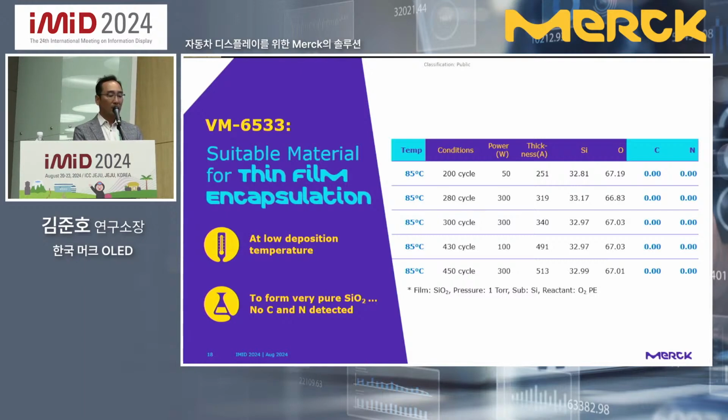With relatively low process conditions and process power, you can really control the thickness of the film, and there is also very low impurity of carbon and nitrogen.